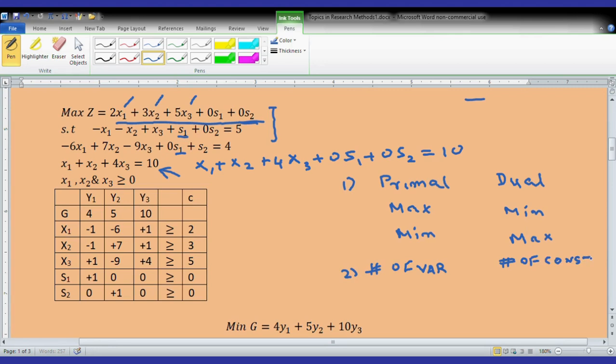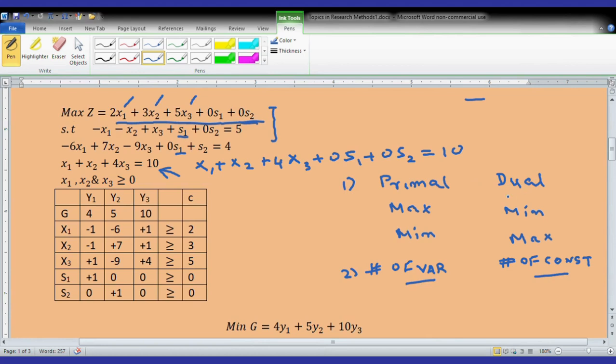So in this example, see that we have 3 original variables and 2 slack variables. So 3 plus 2 equal to 5 variables. So this means that while primal is having 5 variables, the dual will be having 5 constraints. This is the second thing that you need to keep in mind when you are converting a primal into a dual.